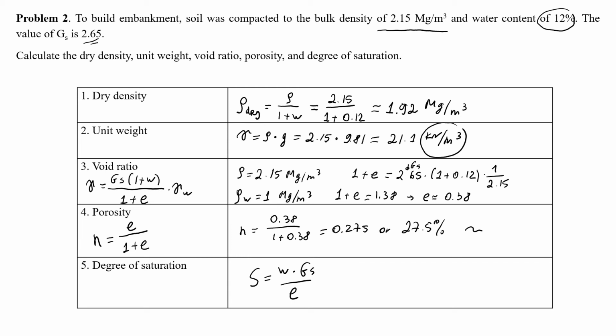This is a very good formula because it relates all important parameters: specific gravity, void ratio, water content, and degree of saturation. So we're just going to put in all the numbers that we already know. It's 0.12 times specific gravity 2.65 divided by the void ratio 0.38. That will give us approximately 0.837. We can change it to percentage. It's going to be 83.7%, which is the degree of saturation.